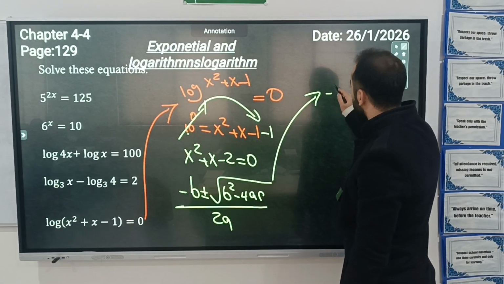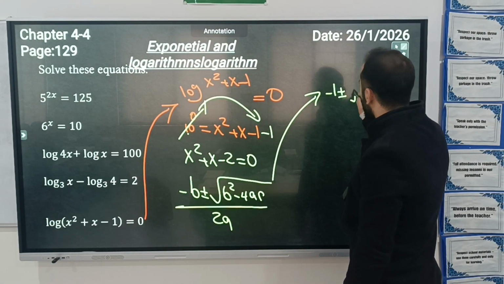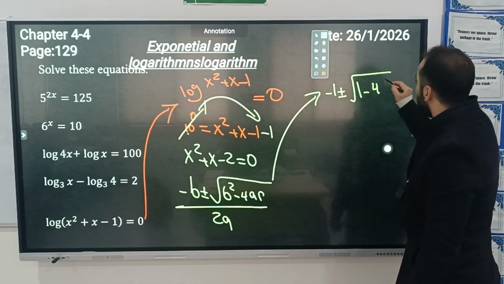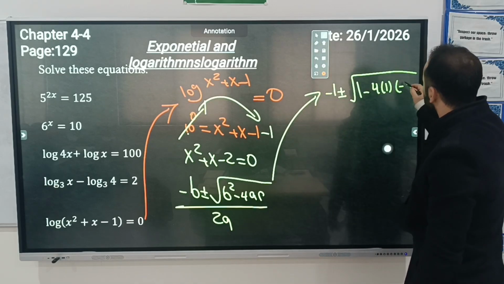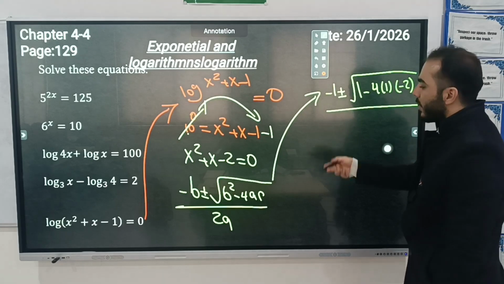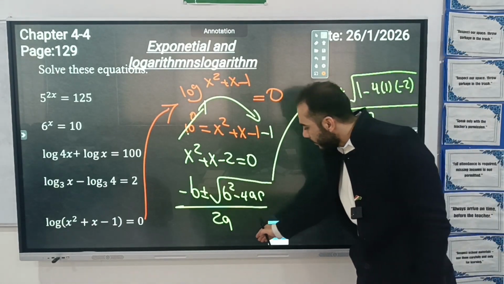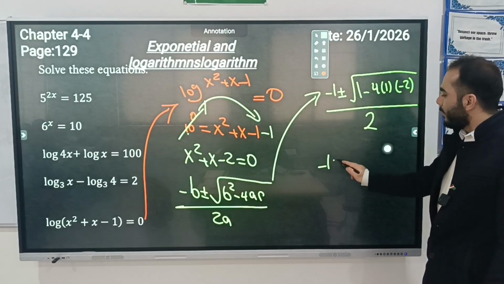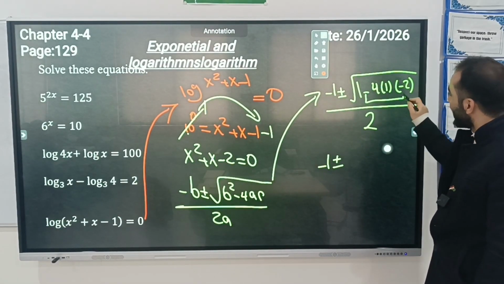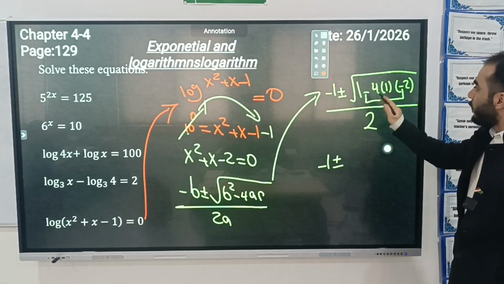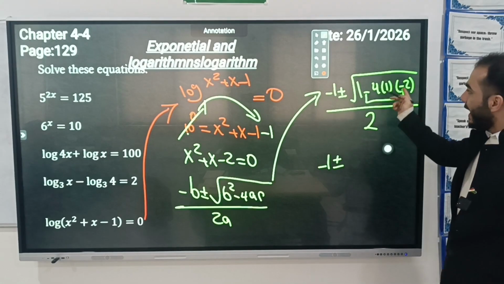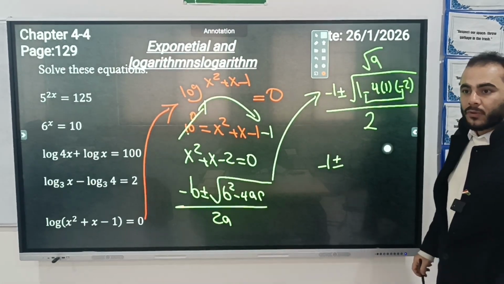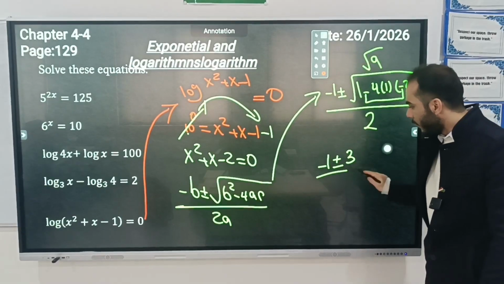Negative 1 plus minus square root of 1 squared, 1 minus 4 times 1 times negative 2, over 2 times 1, it's equal to 2. Alright, so negative 1 plus minus. This negative times this negative, positive. 4 times 2, 8. 8 plus 1, 9. Square root of 9, it's equal to 3 over 2.